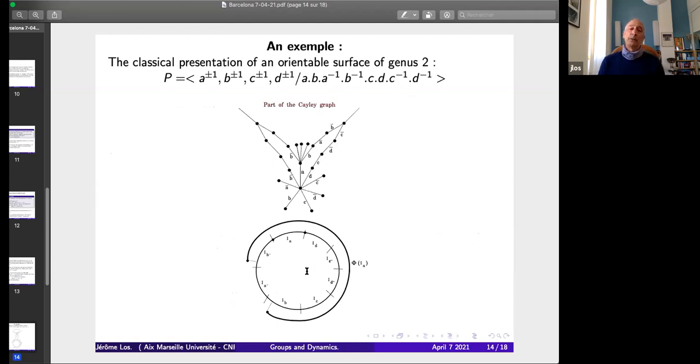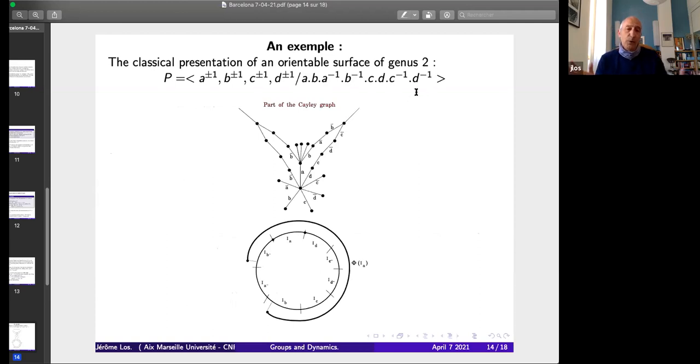So here is, let's say, the simplest example. It's a surface of genus 2. I'm sure you've seen a surface of genus 2, and this is the very classical presentation. So you have 4 generators, and the inverses, so you have 8 generators, and you have one relation, which is the product A B A inverse B inverse C D C inverse D inverse.